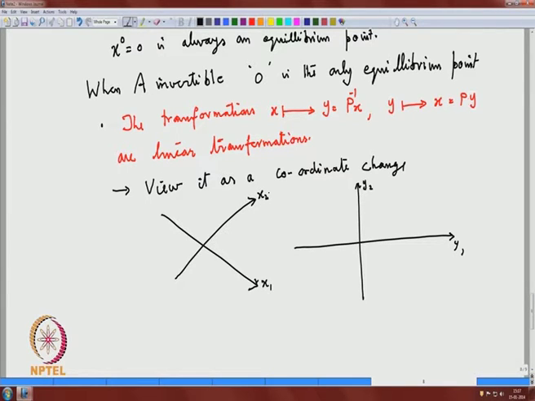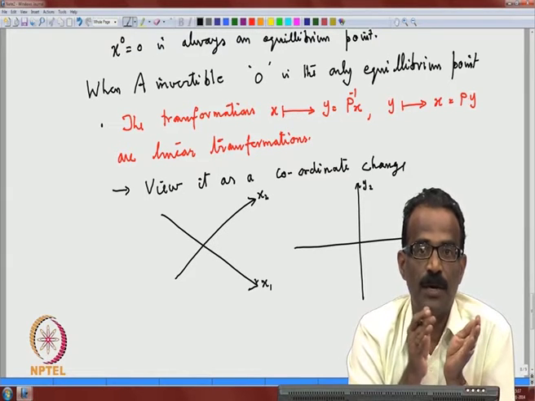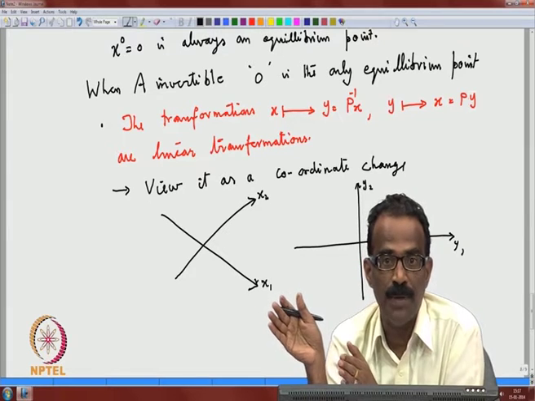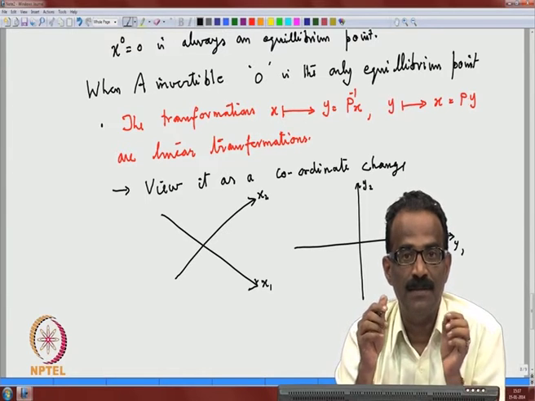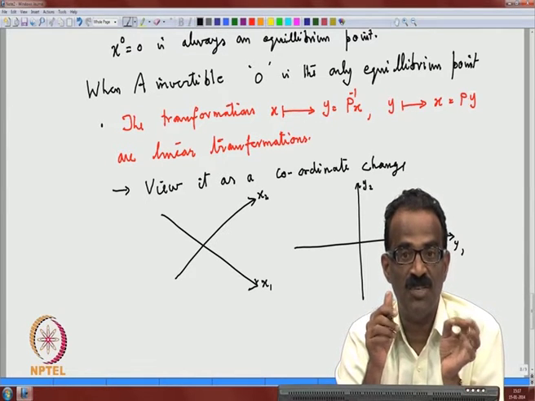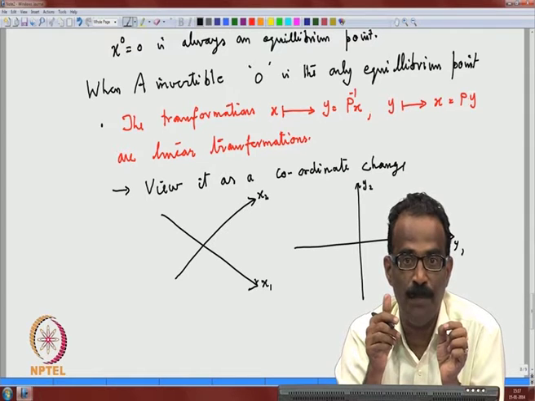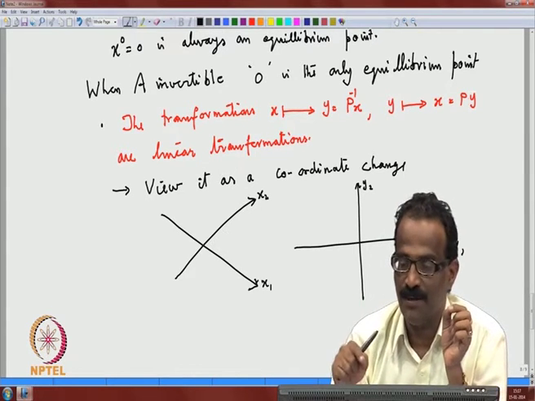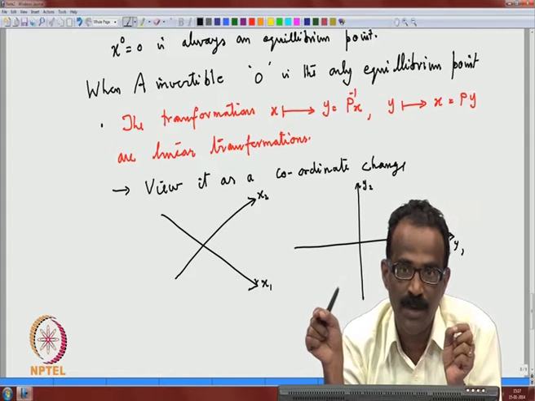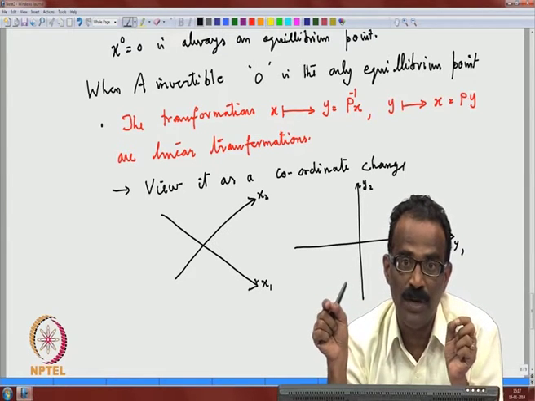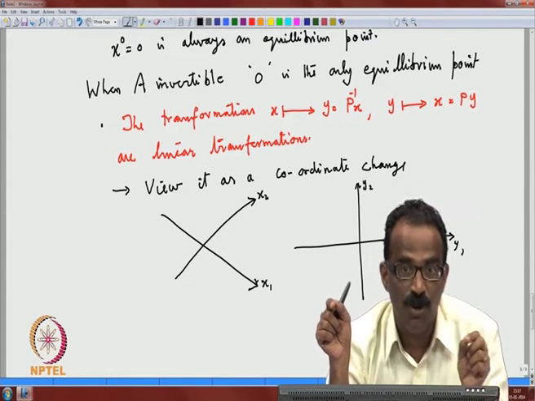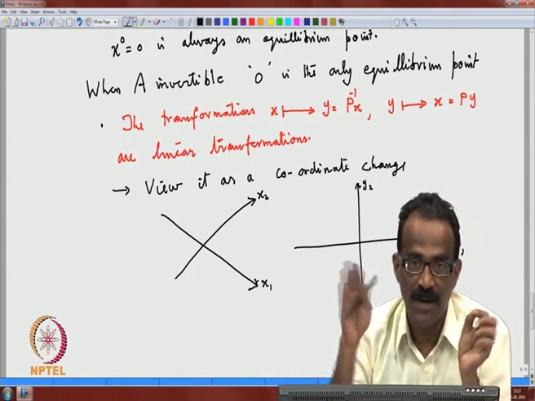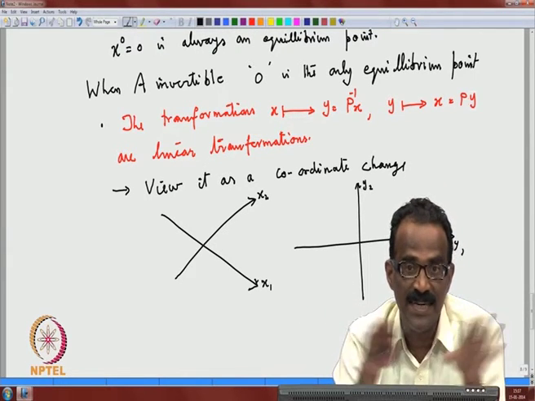So effectively, when we are considering linear equivalence between x dot equal to Ax and y dot equal to By, we are making a coordinate change. Under this coordinate change, for example, if A is invertible and x naught is an equilibrium point, then y naught equal to P inverse of x naught will be an equilibrium point. That is the only equilibrium point you can get, and the stability of the system: if x naught is stable, which we will see, y naught will also be stable. It does not change.